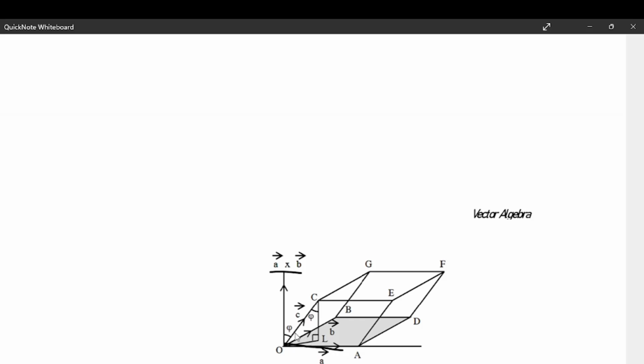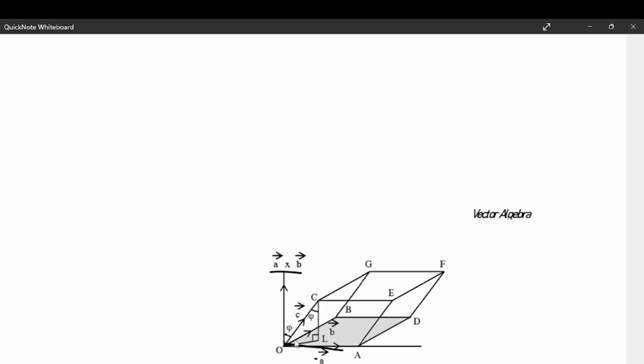And since A cross B is perpendicular to the plane, phi is the angle between the cross product of A and B and C. And of course, we have the same phi here because of the alternate angle property. So that's why we have phi here and phi here from the concept of alternate angles.